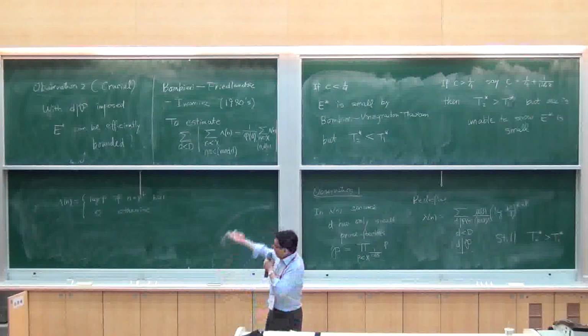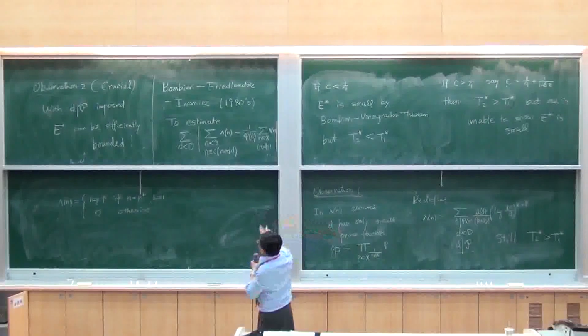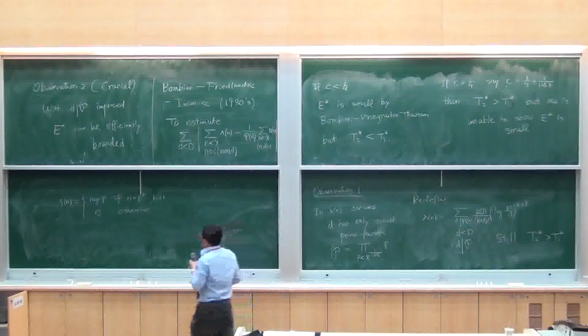Then we say here we have a capital D. This corresponds to the square of capital D in our situation. But I'm not going to say more about this.